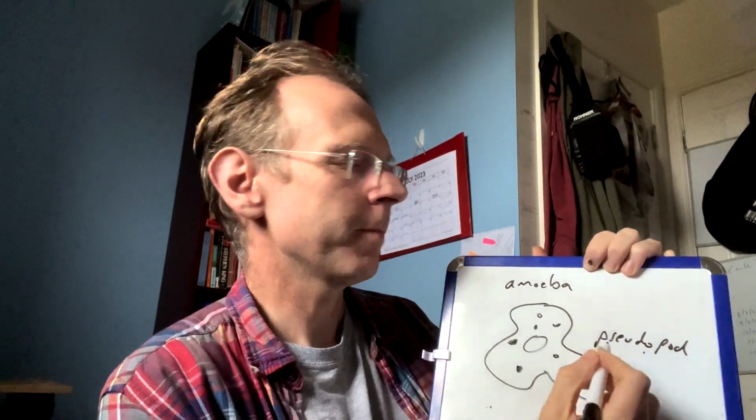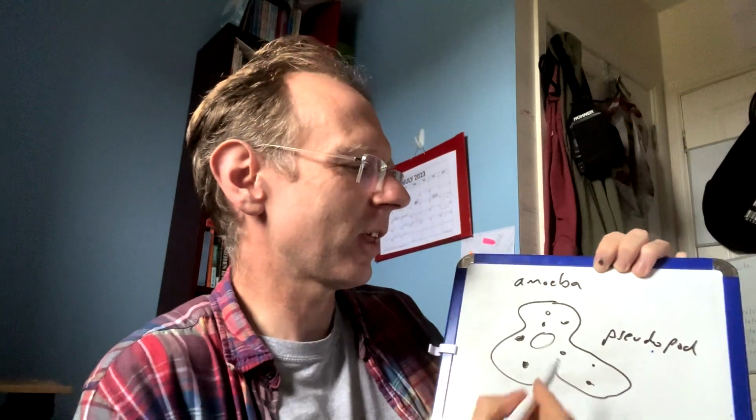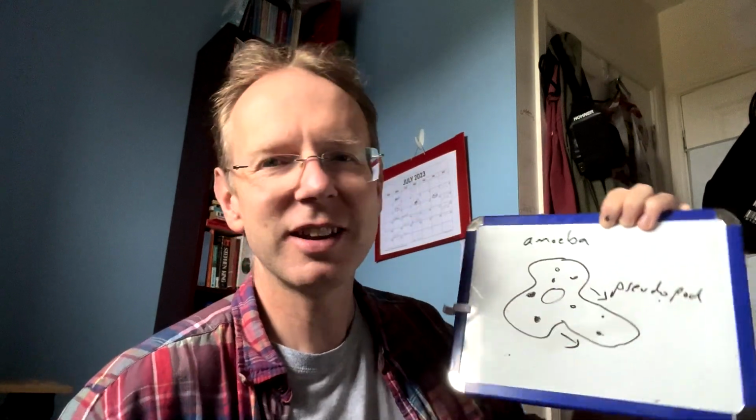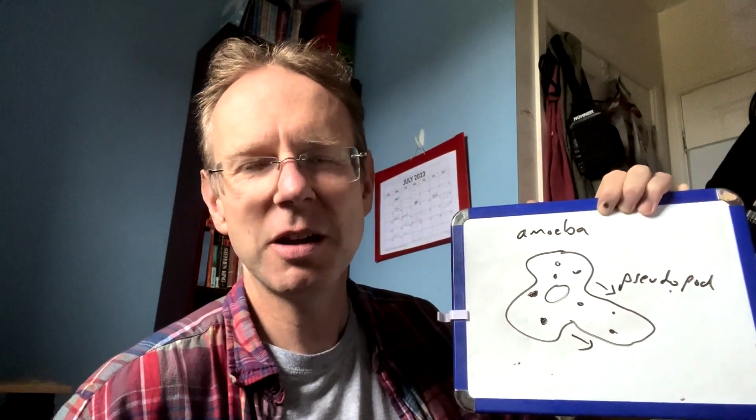Pseudopod, which means like a false leg. I know, you can't make this stuff up. I'm pretty sure that's what it means. And that becomes a foot, and then they can pull the rest of it towards that area. So that's how amoebas can move, apparently. So I think it's really interesting.